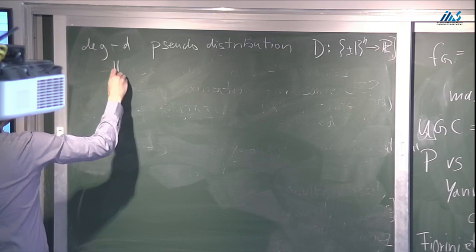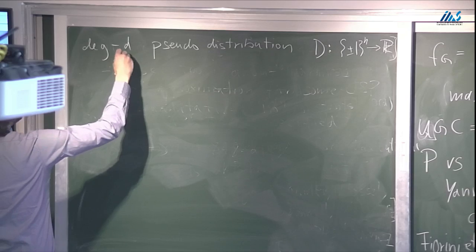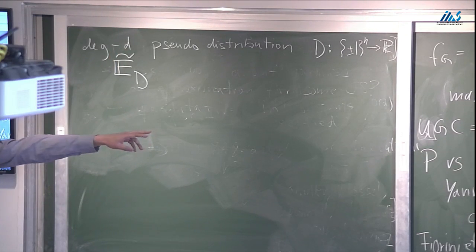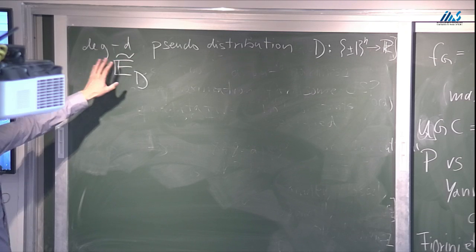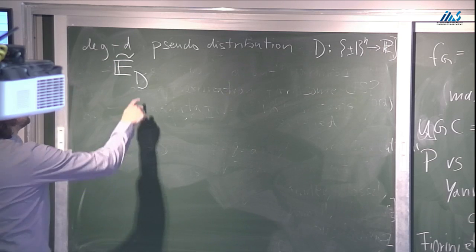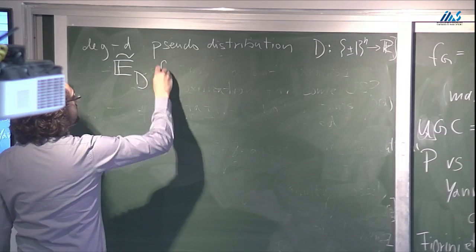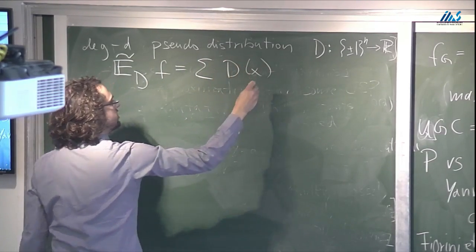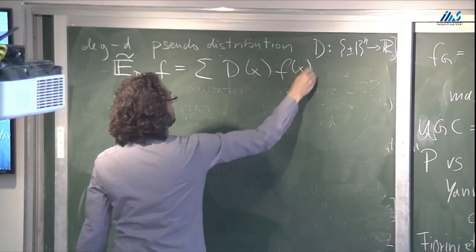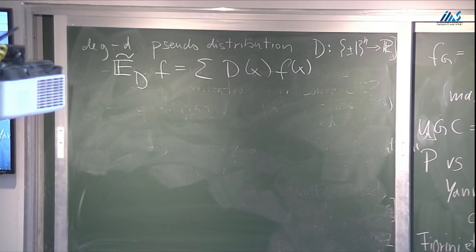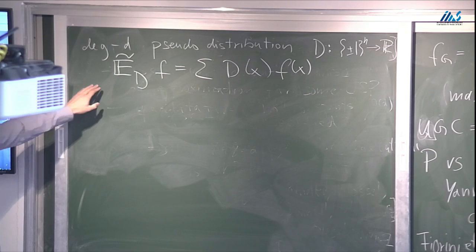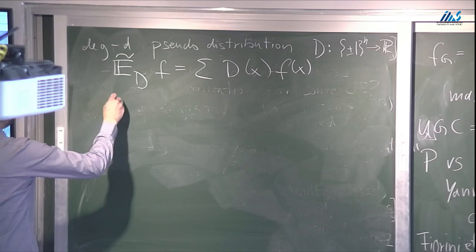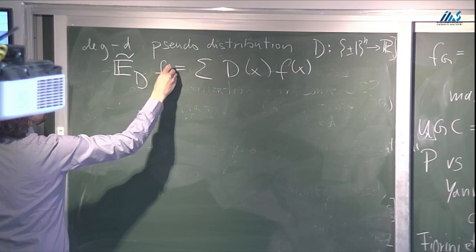Here we will use as a notation, instead of this E sign, E tilde, just to remind ourselves that this is not an actual distribution, but it's the same definition, just the linear form corresponding to this function. And here this is just a notation.